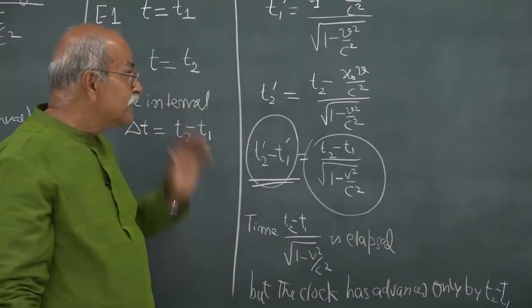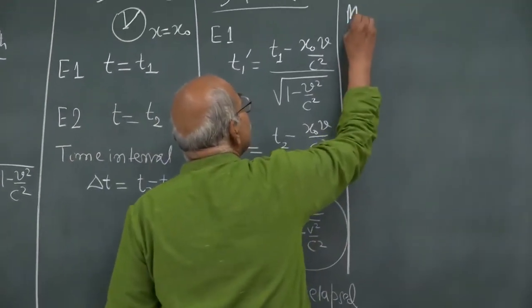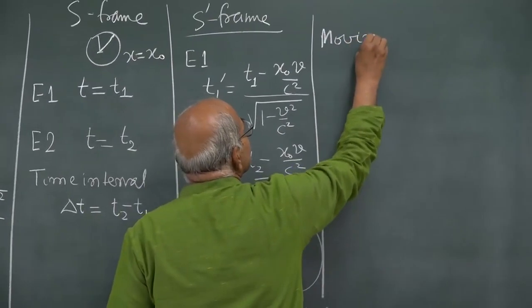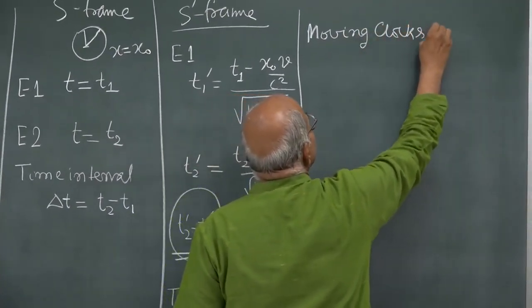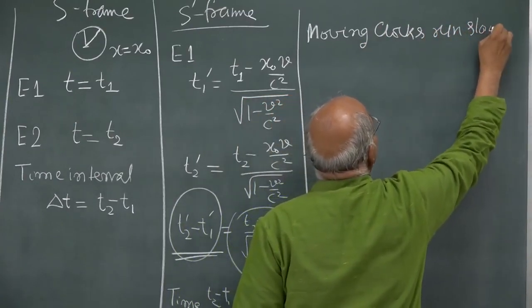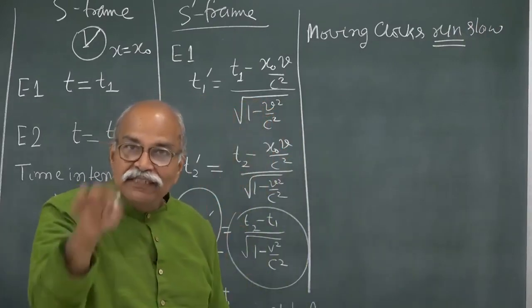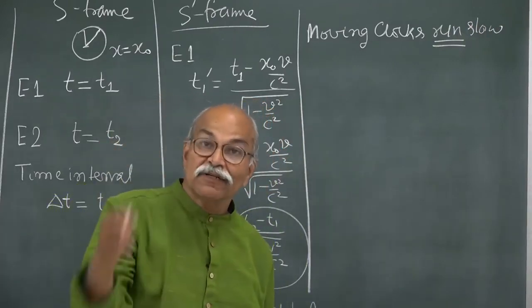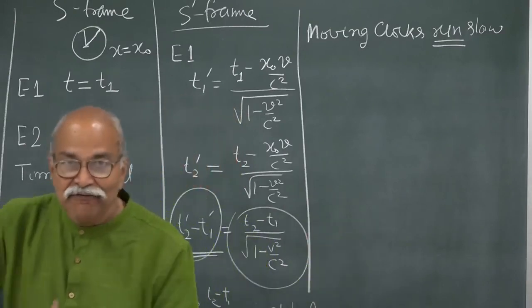So, this time dilation thing can also be phrased as moving clocks run slow. This running is how the clock is showing time, at what rate the clock is showing time, and the clock is moving, that running is different.